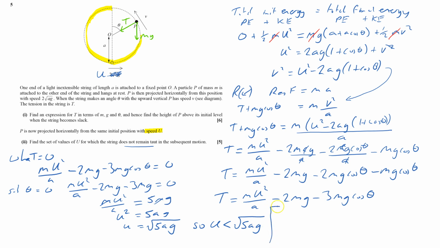So done that bit. I'll do the next bit down here. Not much room. The other bit is if theta equals pi by 2, because if it's more than pi by 2, it will certainly stay taut.